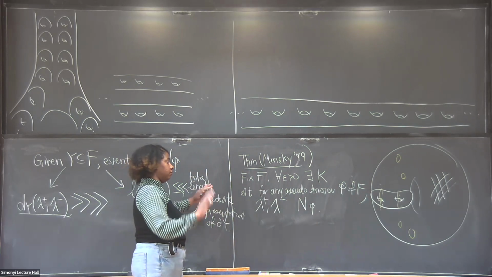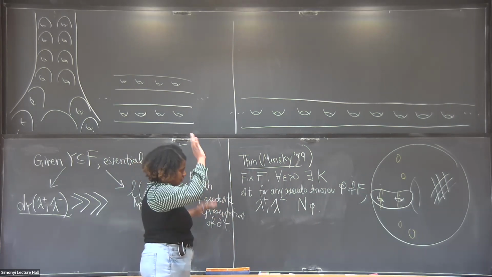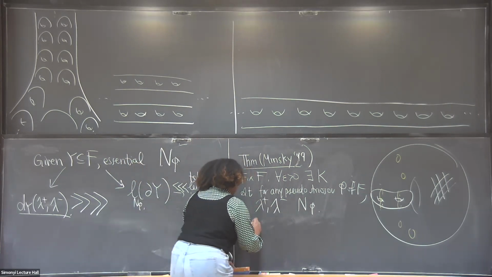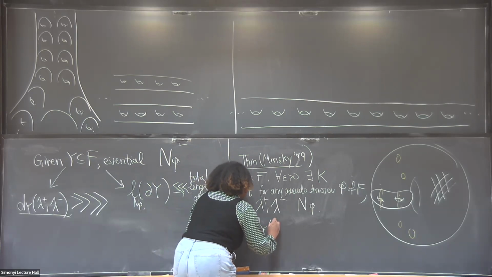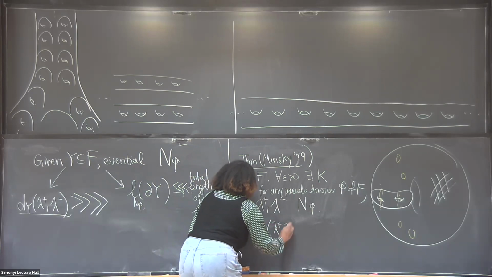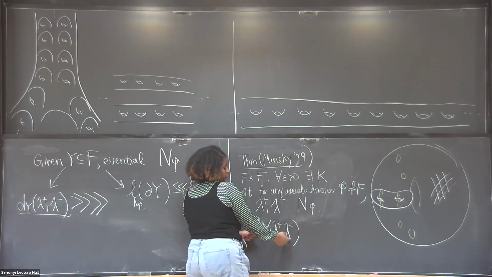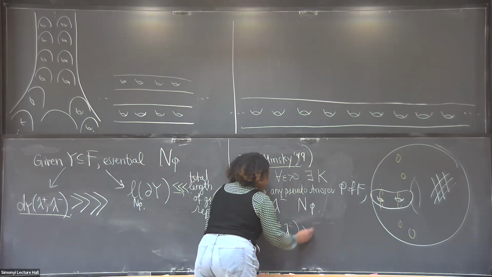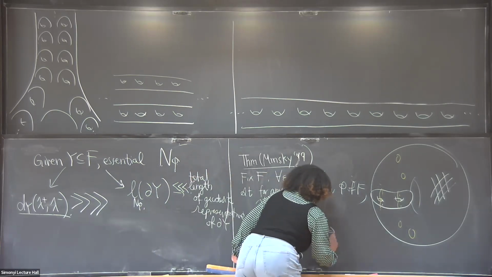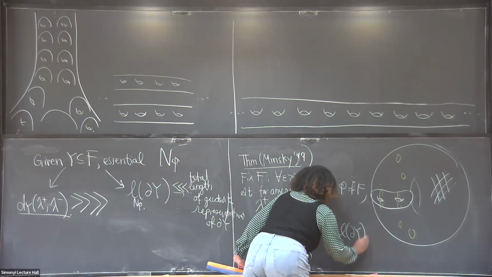That's just things I get for free. Thank you, Thurston, for giving me these things. Then the statement says, if my subsurface projection is bigger than K, then the length of the boundary of Y is less than epsilon.